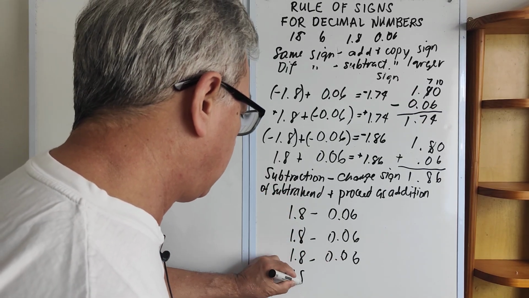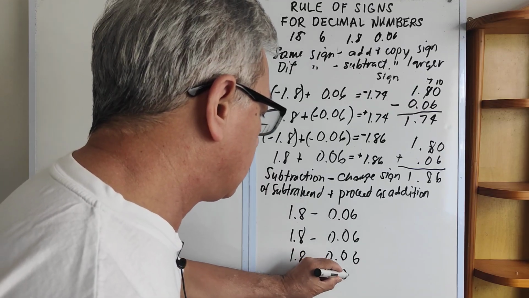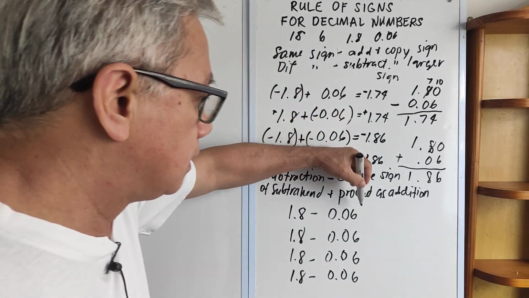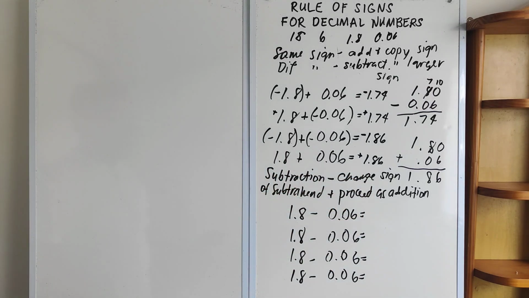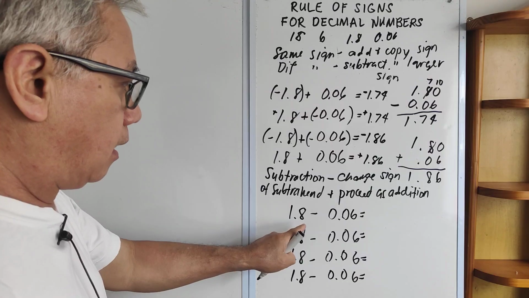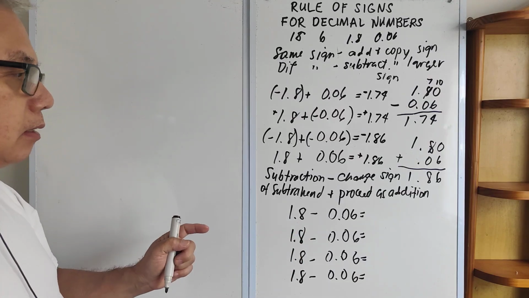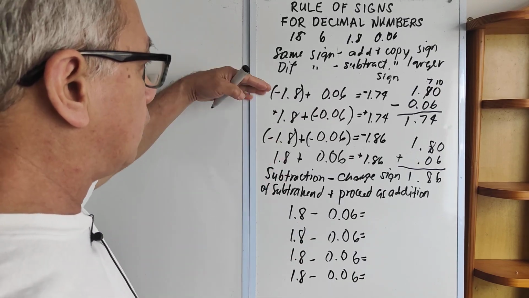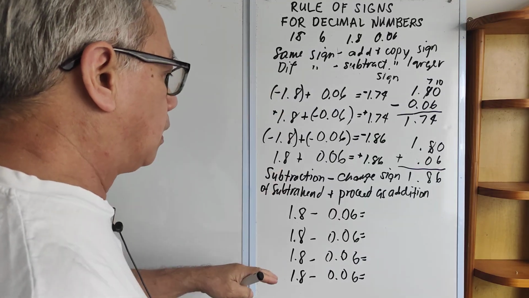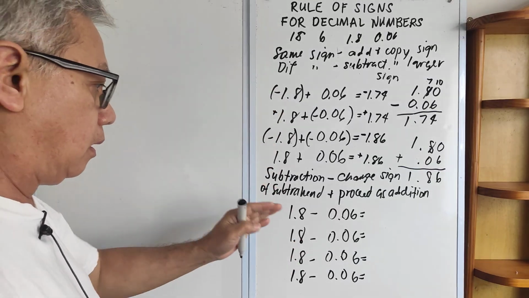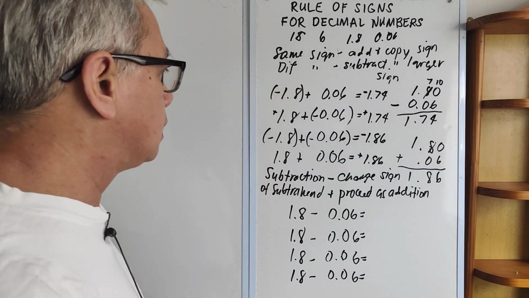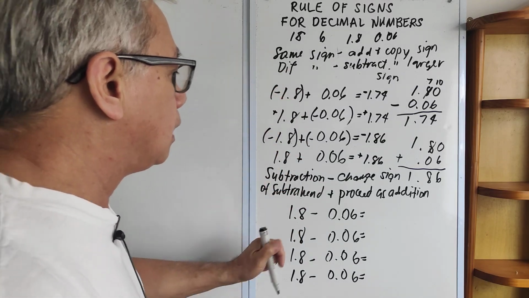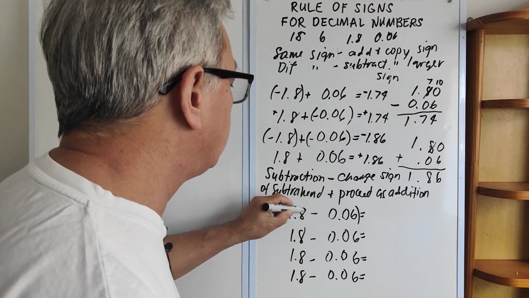One more. 1.8 minus 0.06 is equal to, now we put signs on them. So the putting of signs is a random case, so you can put the negative signs not necessarily in the same sequence that we did in here. Let's say this one we make it both negative.